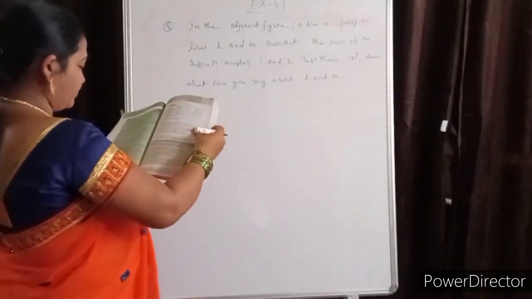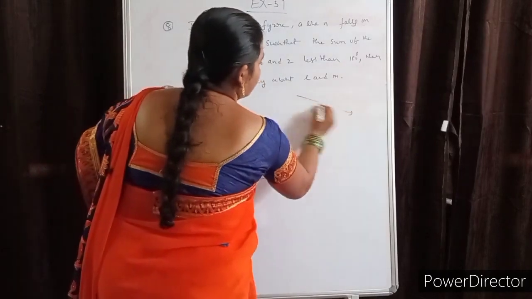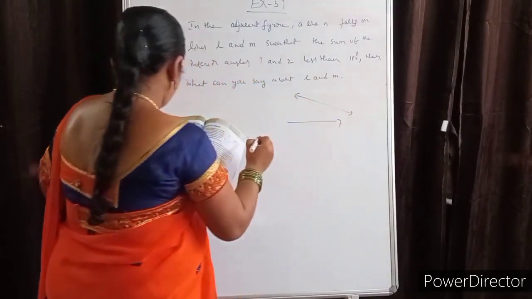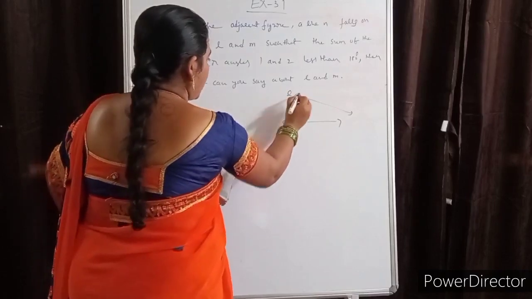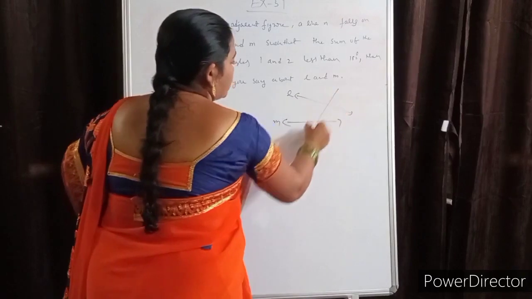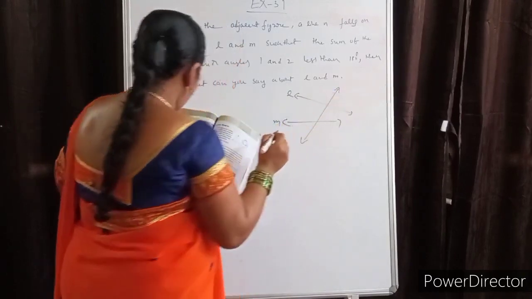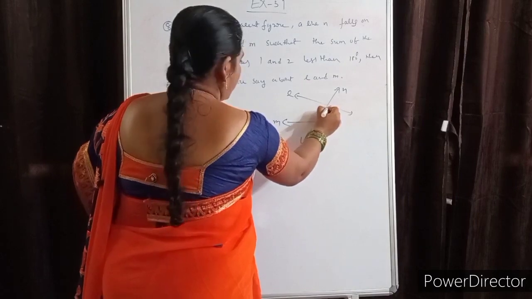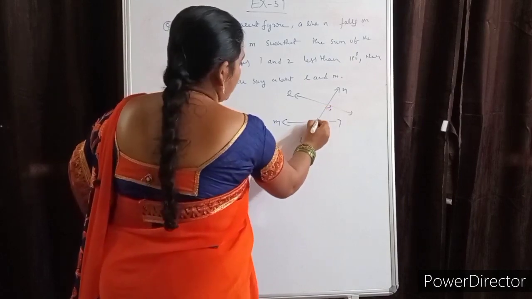Figure is also given. This is line L, this is line M, this is transversal line N, this is angle 1, angle 2.